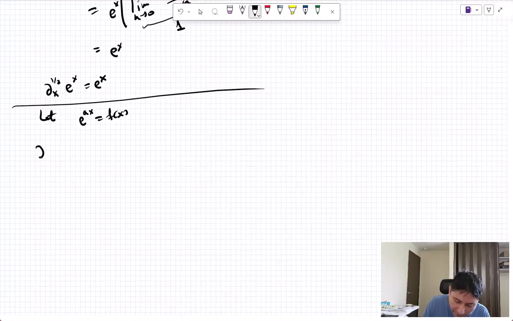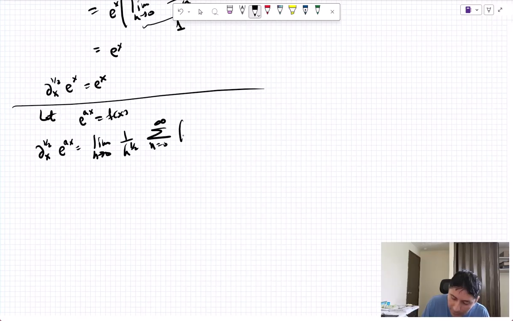So the square root derivative of e^(ax) is equal to, okay, here we go, the limit as h goes to 0 of 1 over h to the 1/2 of this infinite sum n equals 0 to infinity binomial(1/2, n), (-1)^n, and then e^(ax - nh), right?